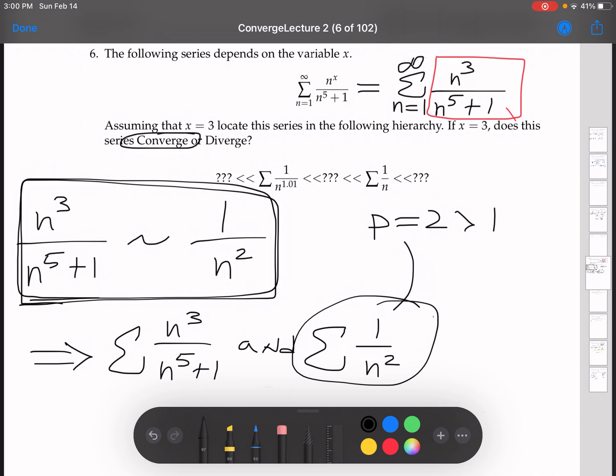Now let's determine where they sit in the hierarchy. Again, because of this fact here, we know that they sit in the same place in the hierarchy.